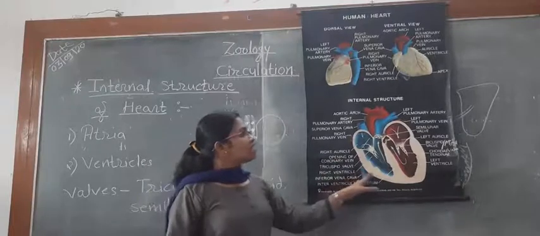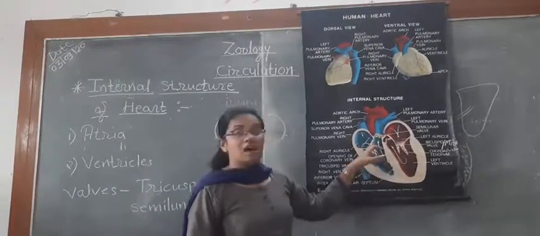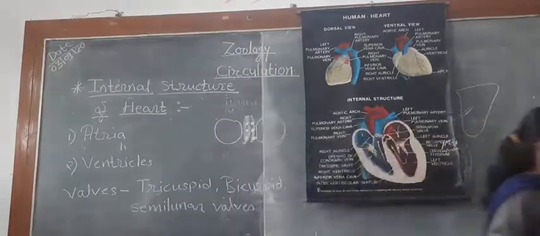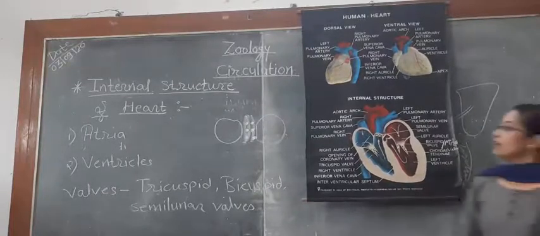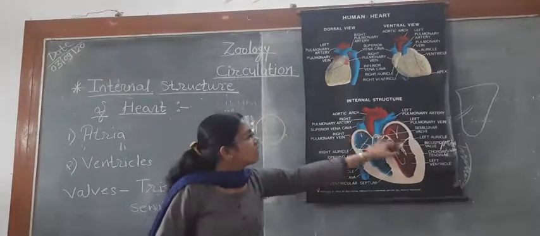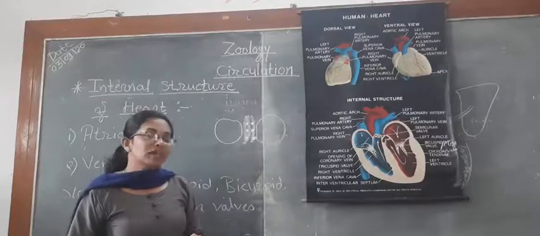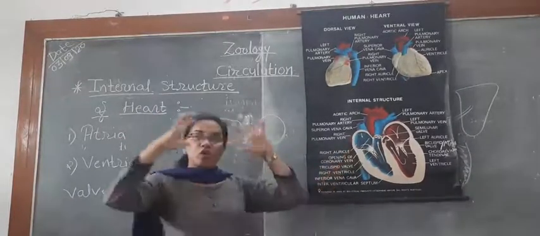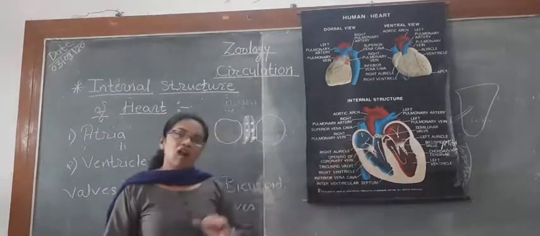And last, the deoxygenated blood of the heart itself is collected by the coronary veins, which open through the coronary sinus into the right atrium. So overall the body's deoxygenated blood is collected in the right atrium.